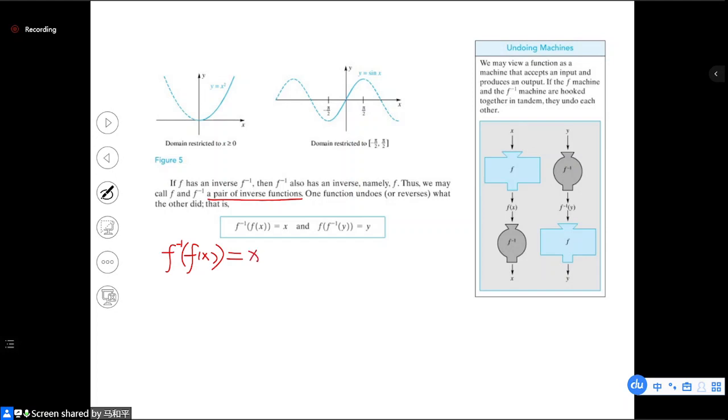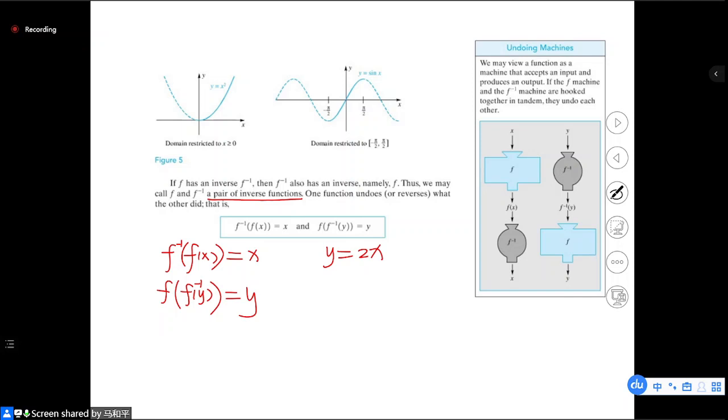This gives x. And if first f inverse works on y and then f, we get y. We have this equality, and we can work with a simpler function. This is f(x) equals 2x, and we can solve x in terms of y. So x is 1 over 2 times y.